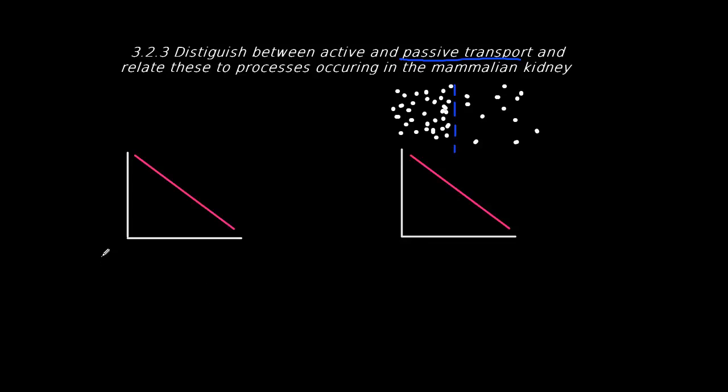So the first process we look at is this concept of diffusion. Diffusion is the movement of particles, molecules, from high concentration to low concentration, and it does this until equilibrium is met.